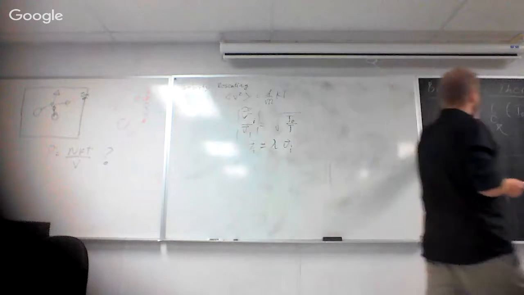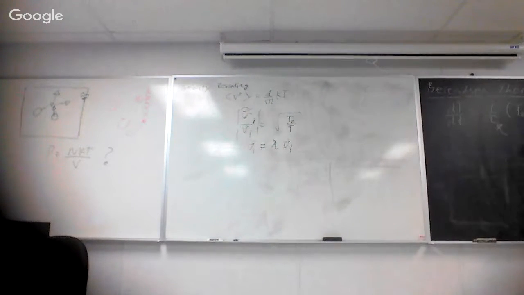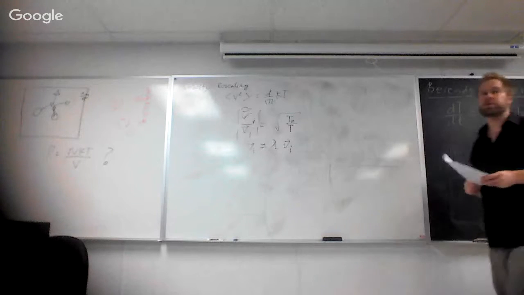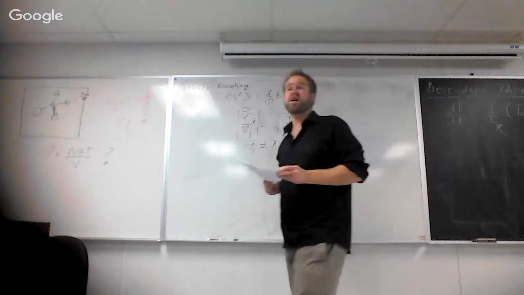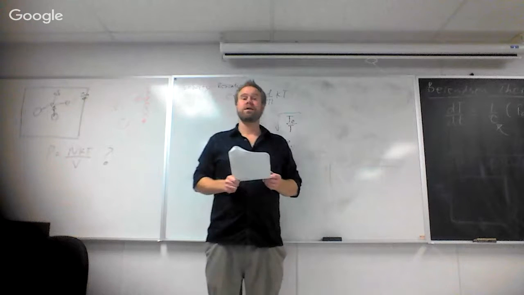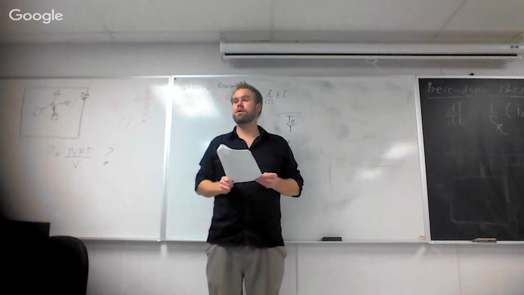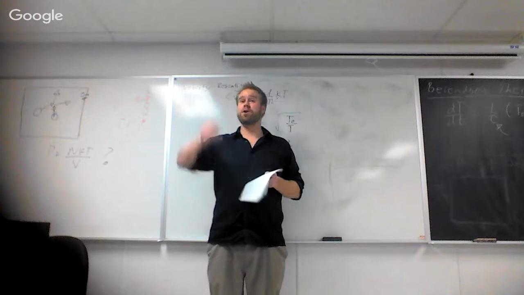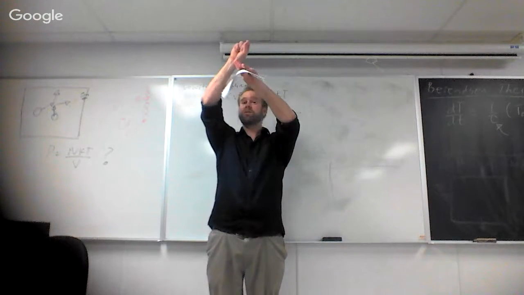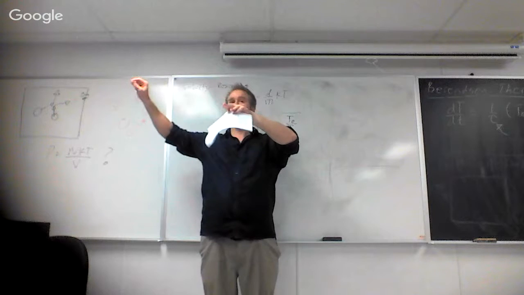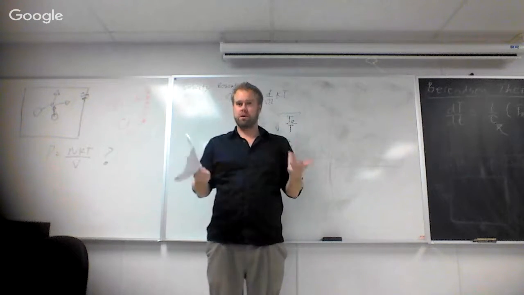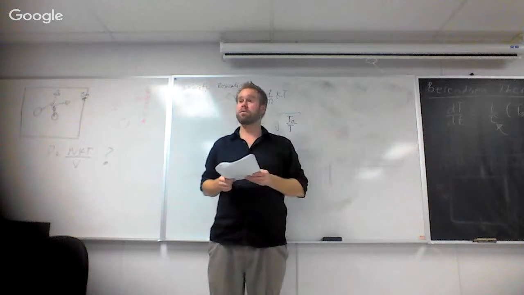And so if you were to solve this differential equation, what would you expect your temperature as a function of time to look like? An exponential. So you're at some temperature, and here's your target temperature. You decay towards that target temperature with a characteristic time tau.